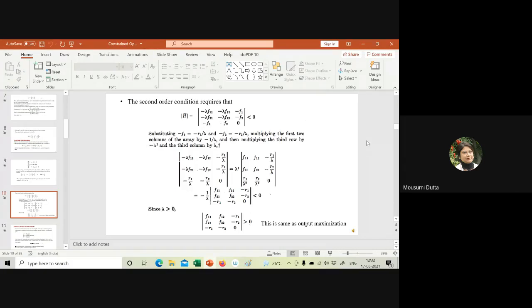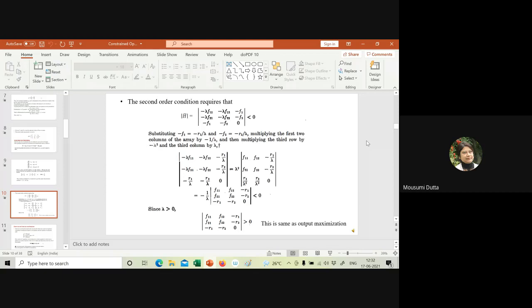One note you can remember: in the case of unconstrained profit maximization, we also derived the input demands. Here also, when we go for output maximization or cost minimization, we derive the demand for the inputs.